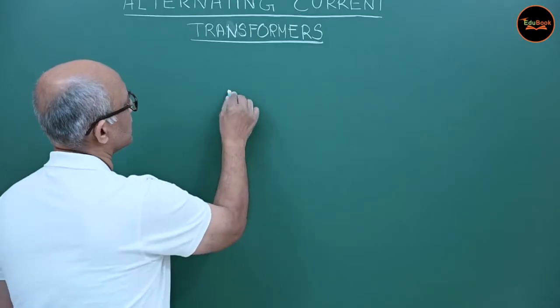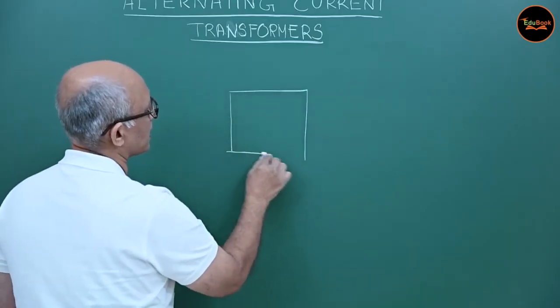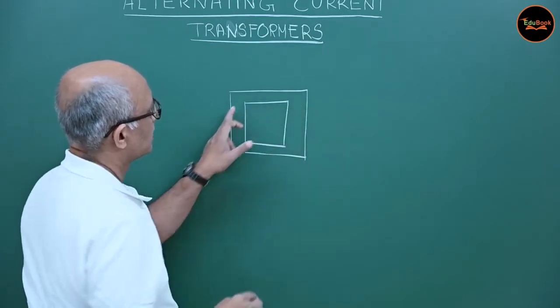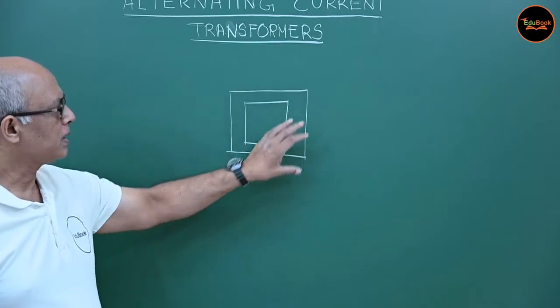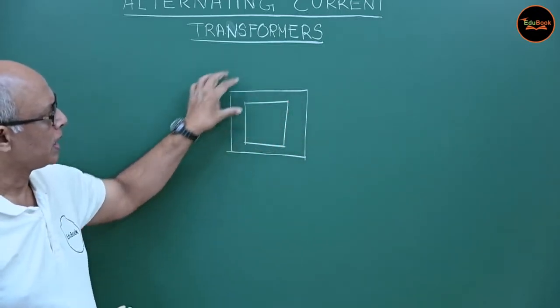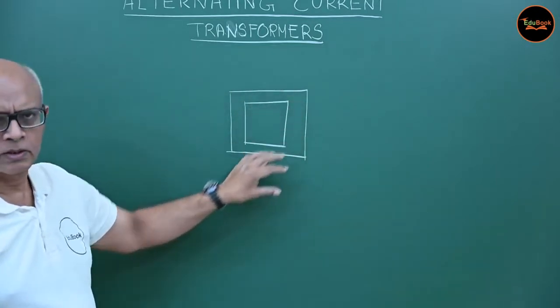So imagine that you have an iron core of this type. It is connected, so it is a solid body, and there is a depth to this also, and it is fully connected to each other.